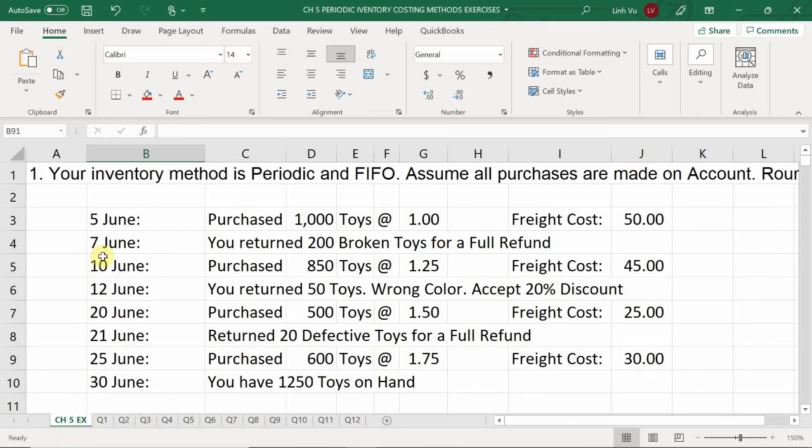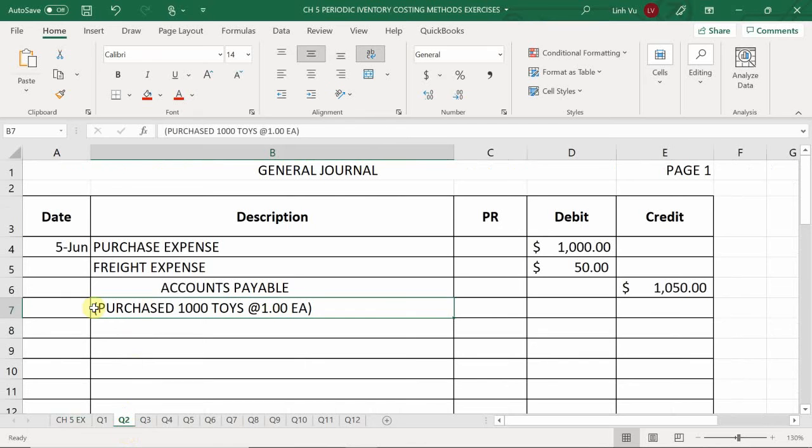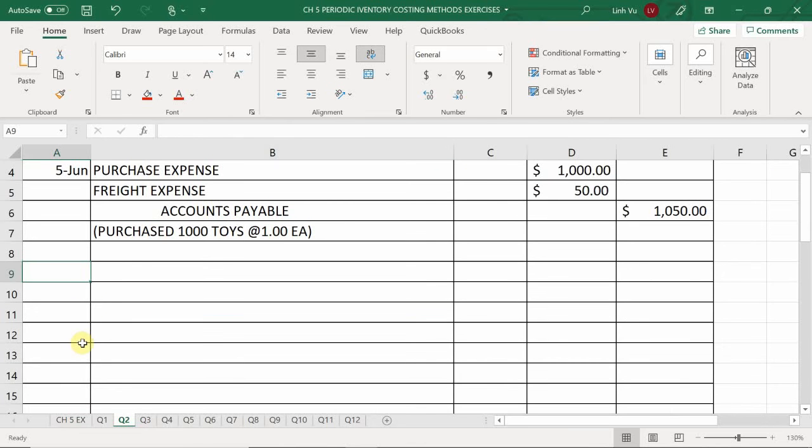So then on June 7, you returned 200 broken toys for a full refund. So first, how do we journalize that? How do we journalize that we returned 200 broken toys for a full refund?